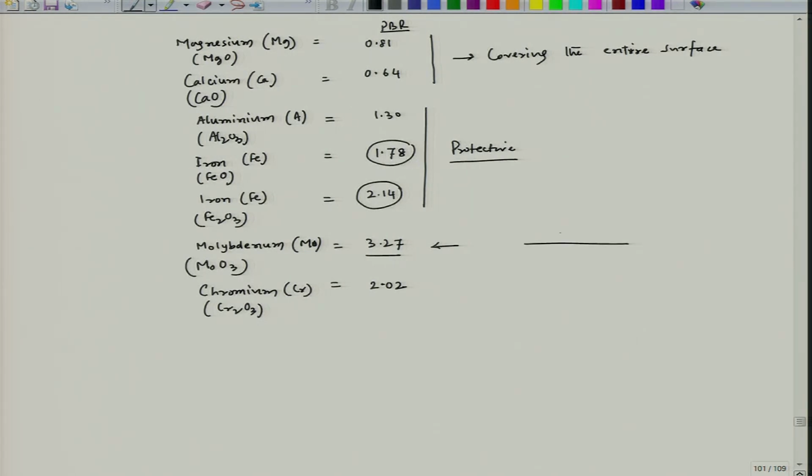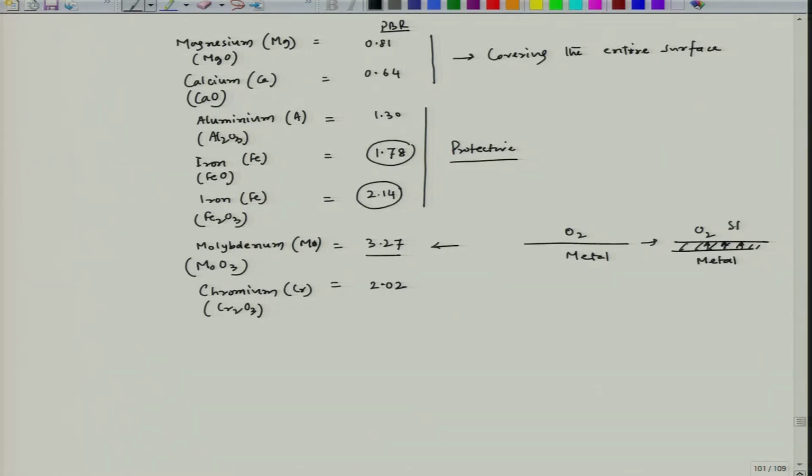let us say the metal, oxygen and metal, so that is getting oxidized, this is the oxide layer, and now this oxide layer has got a very high molar volume, and since oxides are brittle, further growth of that oxide would lead to a stress on the particular metal surface.